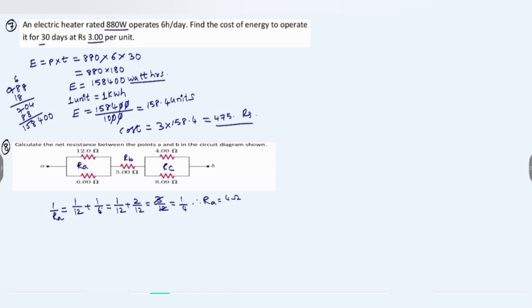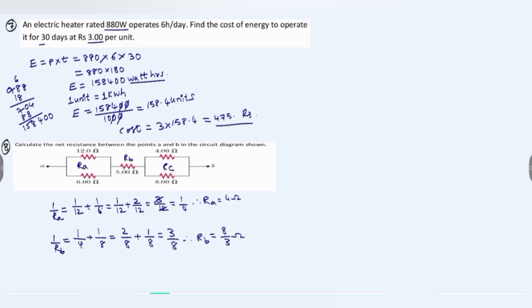Similarly, we want RB. 1 by RB is equal to 1 by 4 plus 1 by 8, that is 2 by 8 plus 1 by 8, which is 3 by 8. So RB is the reciprocal of it, that is 8 by 3 ohms.